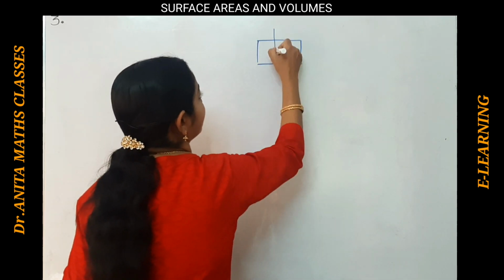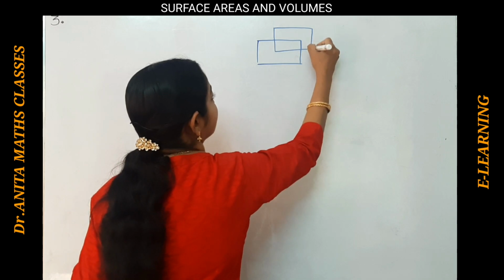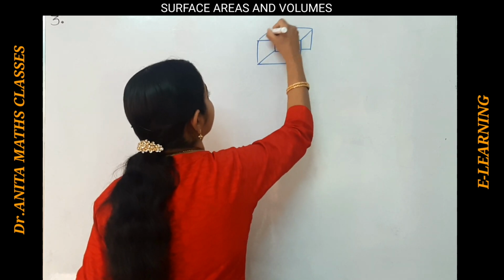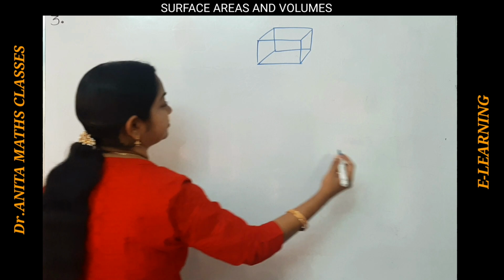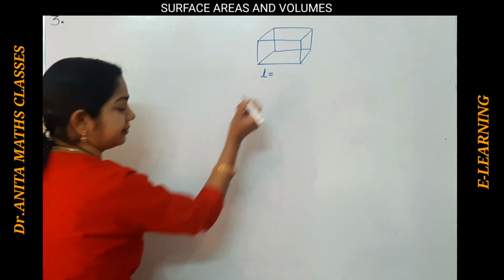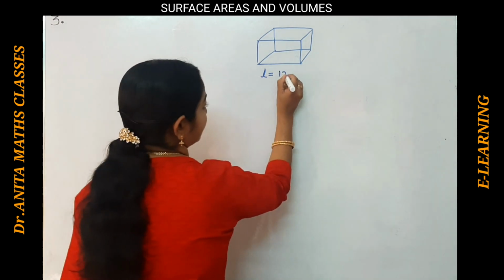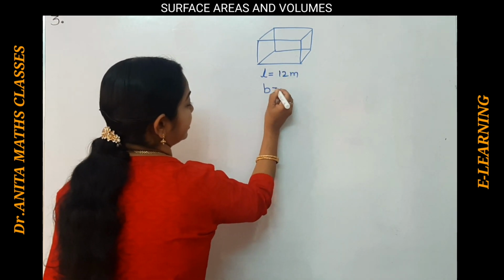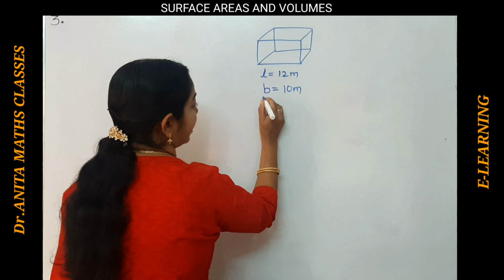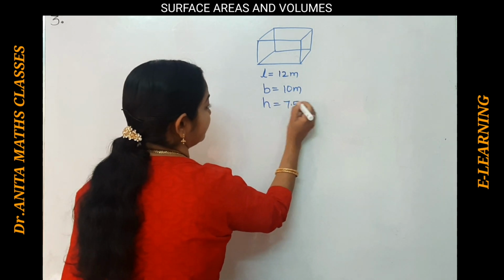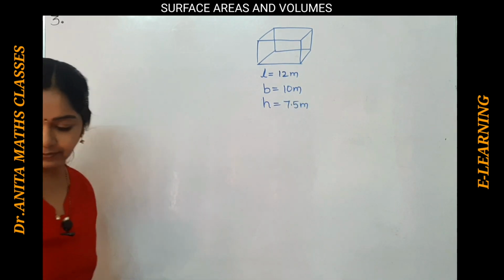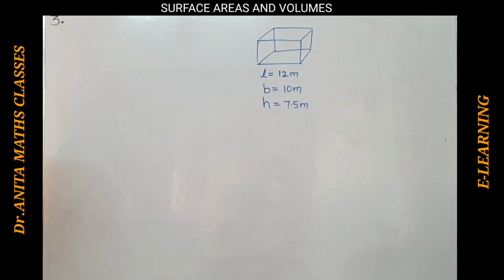We have to assume that there are no doors and windows, just an assumption. Now L is given as 12, breadth as 10 meters and height as 7.5 meters. These are the dimensions of the room.